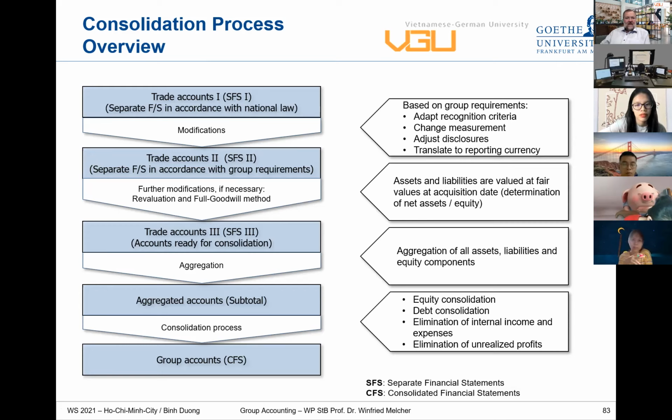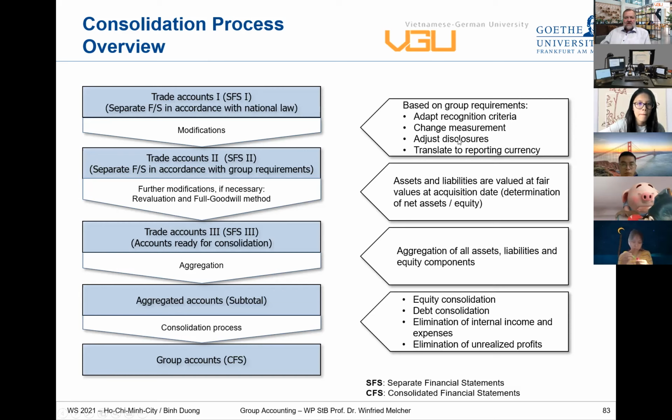Of course, if that is not material, so there is not a big difference between those two measurements, then you would not do that. And in IFRS, you would not speak about it because it's not material, right? But in theory, you will have to change all the differences to the group requirements. In practice, we do this when there is a material difference.